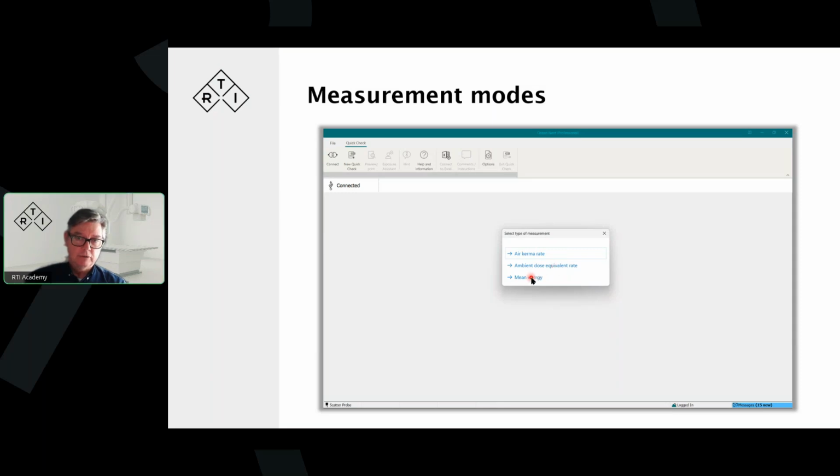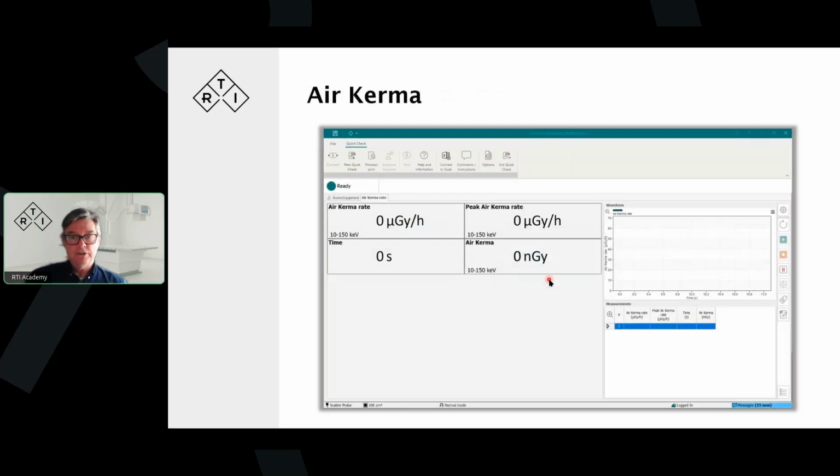And then maybe for research or just for your own study, you can have one which measures and displays the mean energy of the spectrum. So we'll look at these different displays just now. This is what you'll see. The screen that pops up has displays which give you the momentary dose rate, the air kerma rate, and the peak kerma rate.